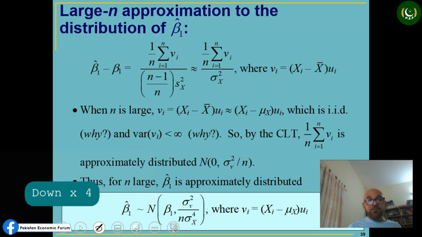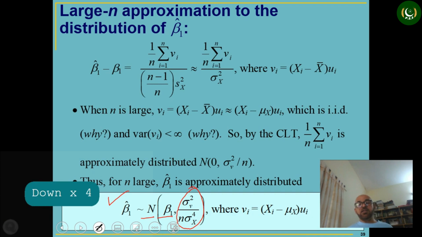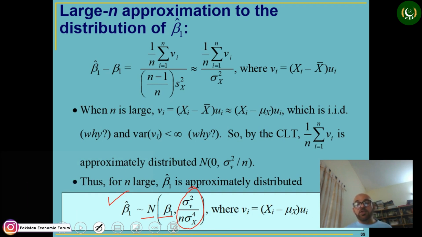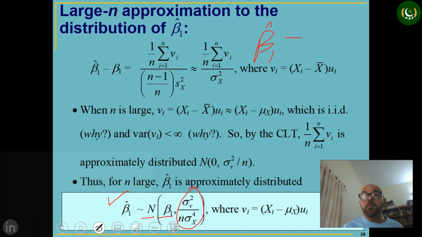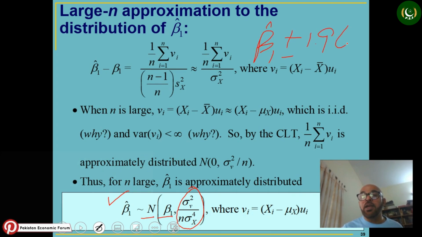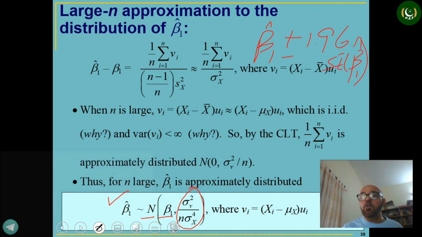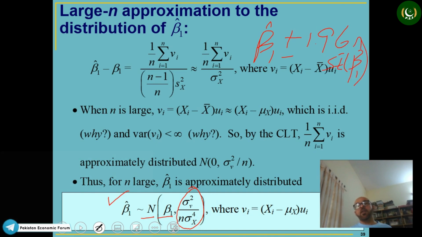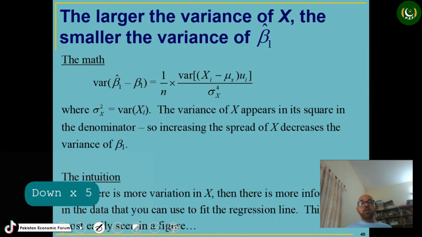So beta 1 hat will be normally distributed with mean beta 1 and standard error or variance this one. Why do we need this distribution? For statistical inference. When do we say beta 1 hat plus or minus 1.96 standard errors of beta 1, and why do we say that we have a 95% confidence interval? Because we assume that beta 1 hat is normally distributed.